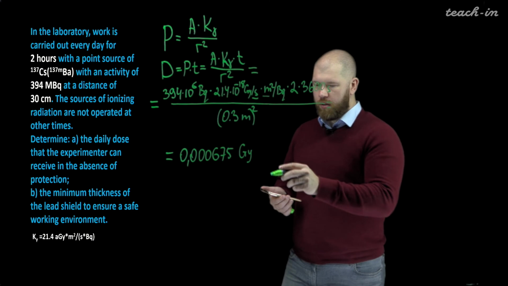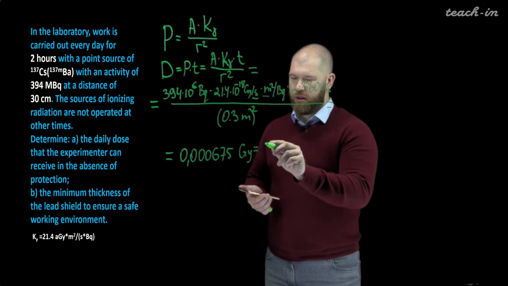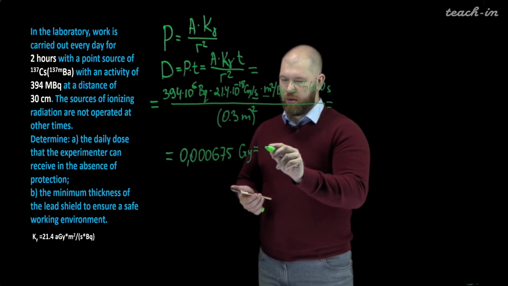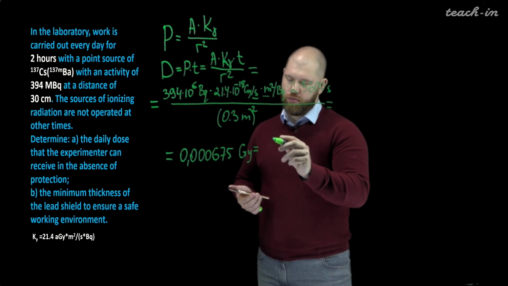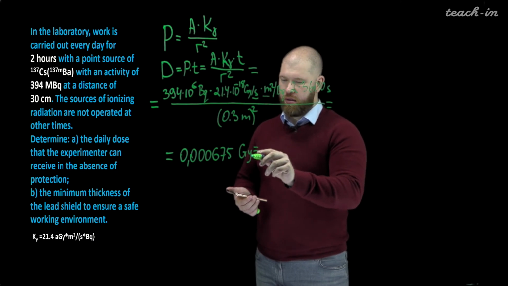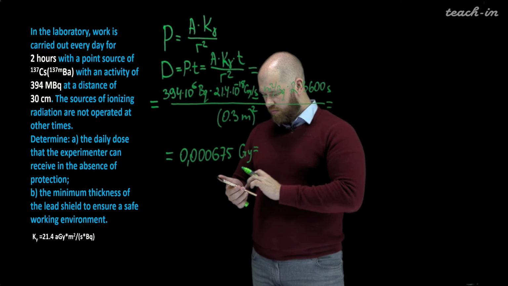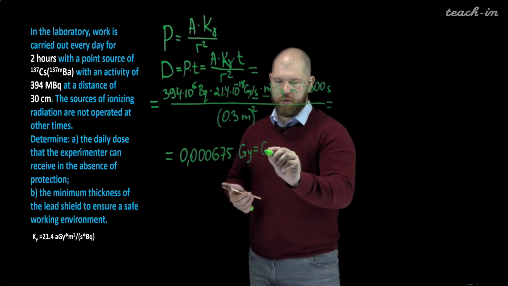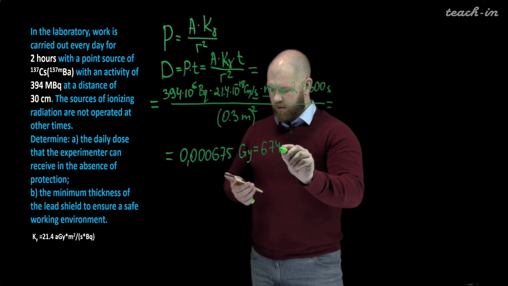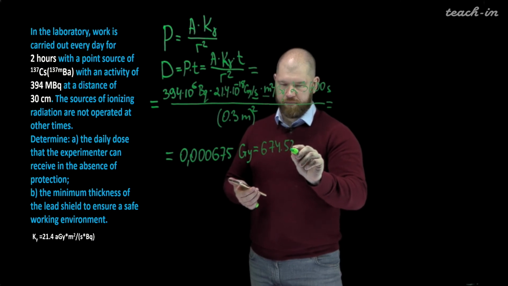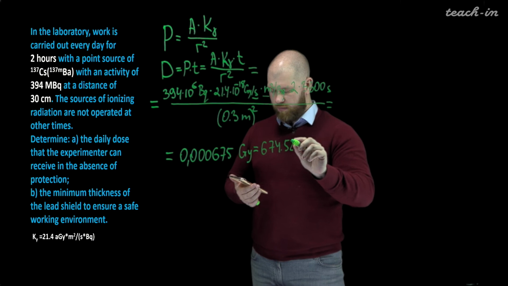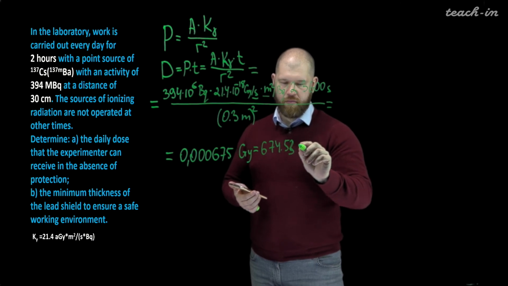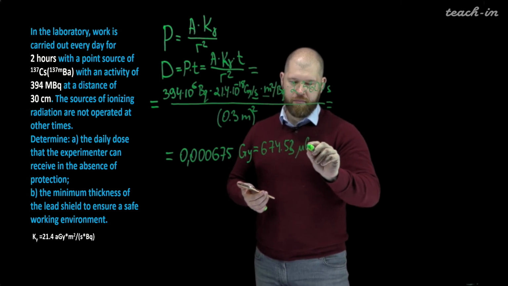Yeah. Let's convert it to milligray. It will be easier, or to, let's say, micro gray. It will be even more easy. So it will be something like this. Micro gray.